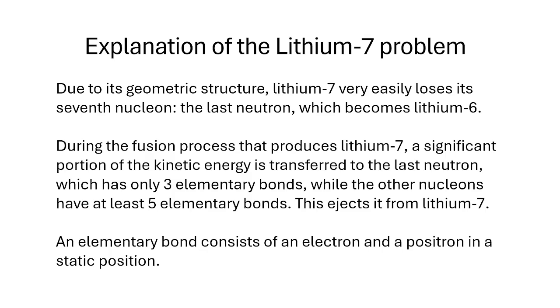During the fusion process that produces lithium-7, a significant proportion of the kinetic energy is transferred to the last neutron, which has only three elementary bonds, while the other nucleons have at least five elementary bonds.